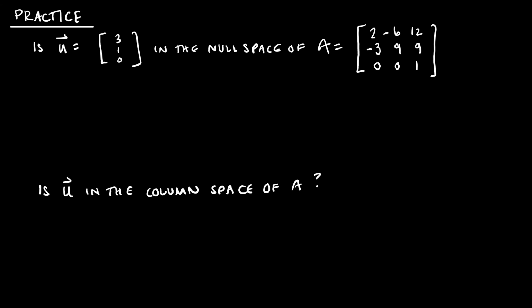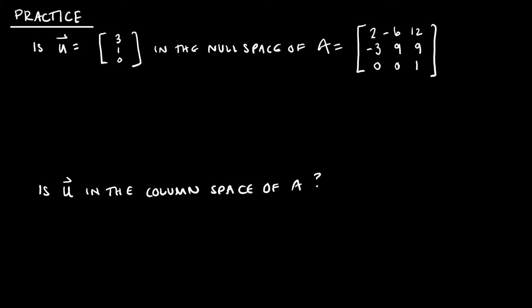Here's a great practice for us, not only in null space, but also in column space. So we've got one matrix A and one vector u, and I'm asking if u is in the null space and if u is in the column space. This would be a good practice to help us know exactly how to go about solving these.